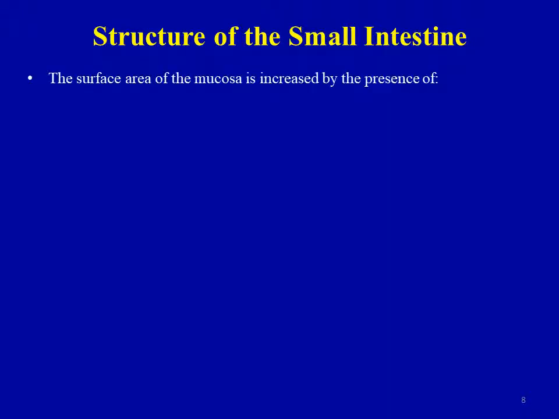So the surface area of the mucosa is increased by the presence of 3 structural modifications. The small intestine without these structural modifications has a surface area of 1/3 square meter, 0.33 square meter.